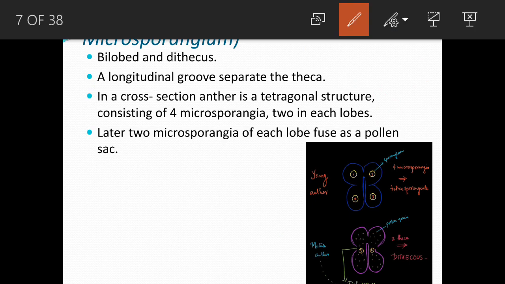So anther is a bilobed structure. It consists of two lobes and each lobe has two theca. That's why it is known as dithecous. And each theca has microsporangium. So this is the anther and it consists of theca and each theca has microsporangium.